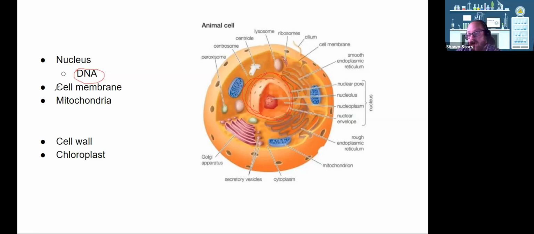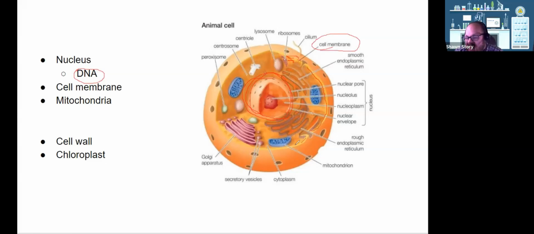The next biggest part of the cell is the cell membrane. We see that here. Here's our word, cell membrane. And it's like this thin layer, right? This yellowish orange layer going all the way around it.